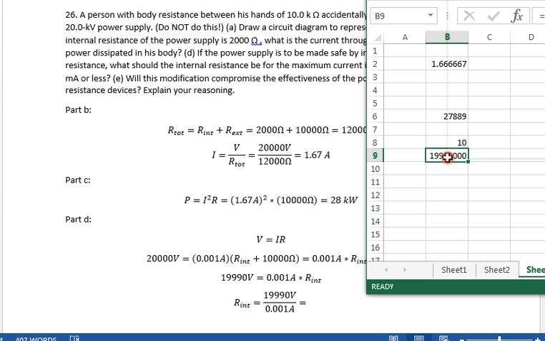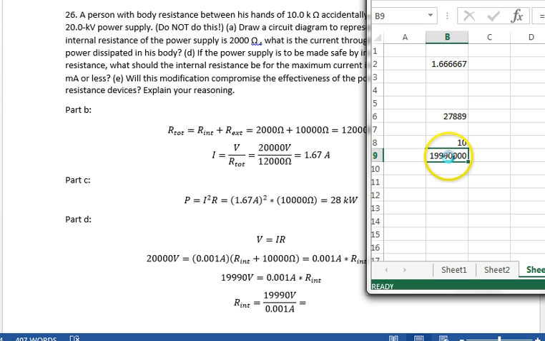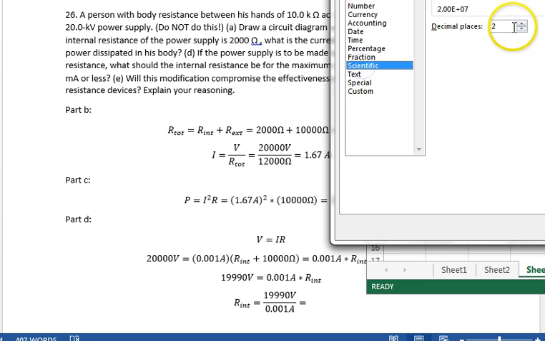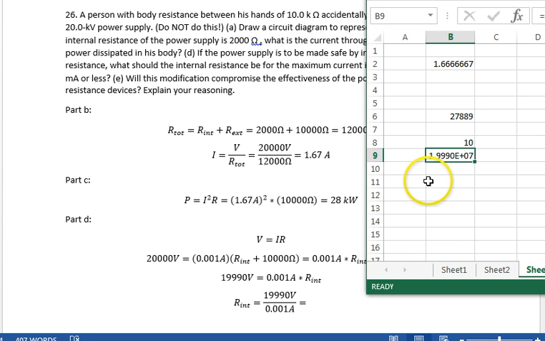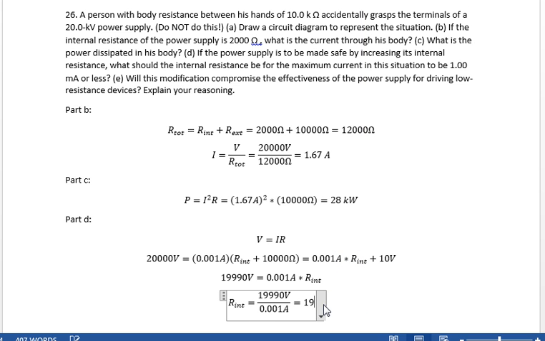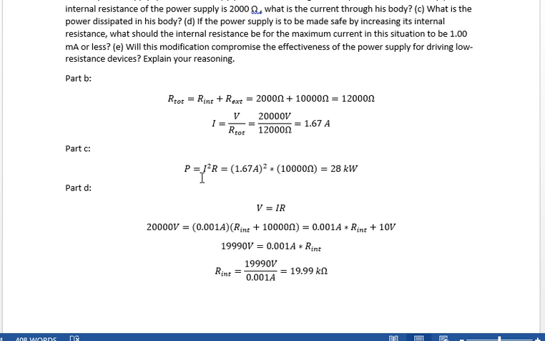Let's get that into scientific notation, because I'm lazy and I don't want to count zeros today. So 1.99 times 10 to the 7th ohms, or 19.99 kiloohms. No, sorry, 19.99 megaohms.